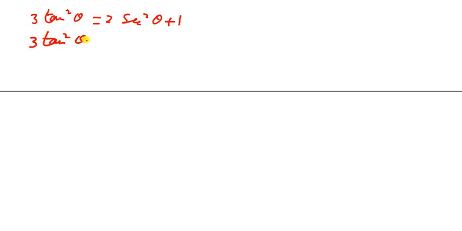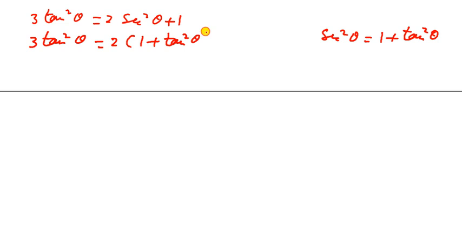So what will happen in this? It is 3 tan square theta. As you know, sec square theta is equal to 1 plus tan square theta. Now put the value 2 times 1 plus tan square theta plus 1.